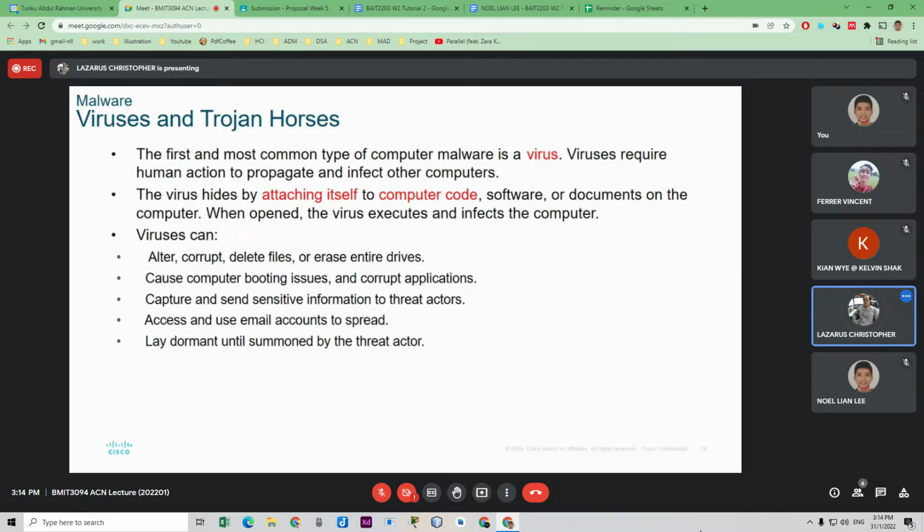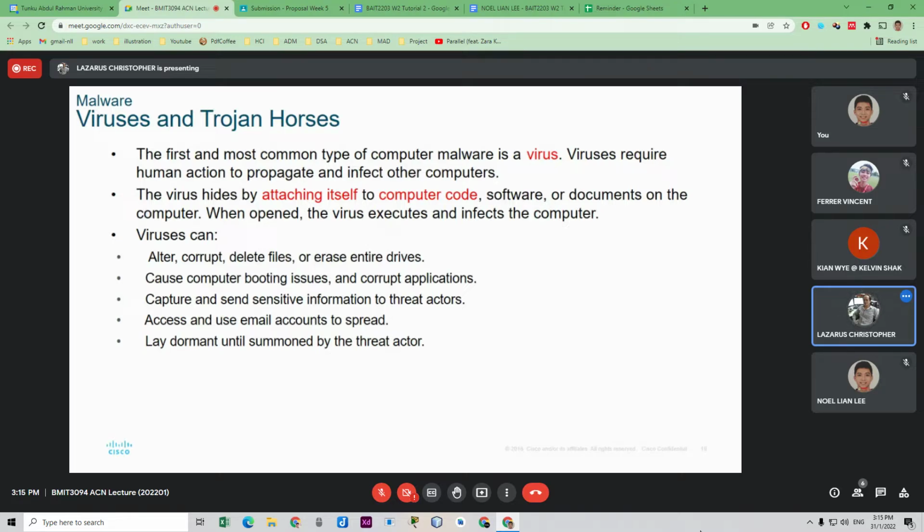So you can see that it can alter, corrupt, delete, or erase entire drives. Okay, a specific kind of malware is called ransomware, where it actually encrypts your entire drive, thereby stopping you from accessing your files. And usually ransomware is called ransomware because it asks for payment in order to unlock the encrypted drive for you to be able to access your data again.